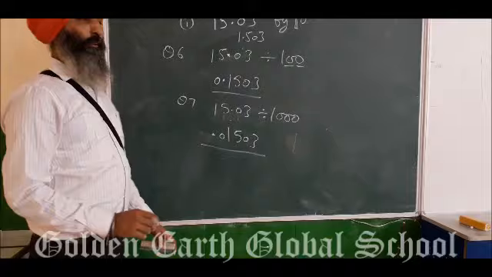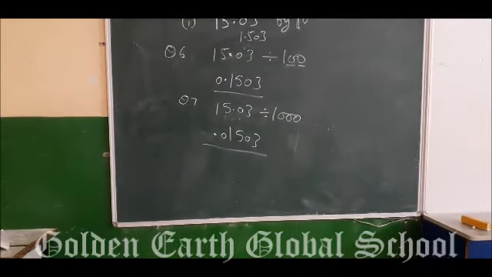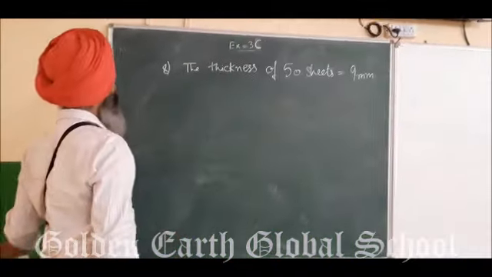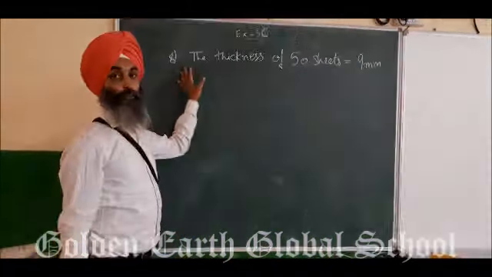Okay, everyone? Now we have the next question. The 8th question is there, in which the thickness of 50 sheets is given as 9 mm, and we have to find the thickness of each sheet. We have to find the thickness of one sheet.